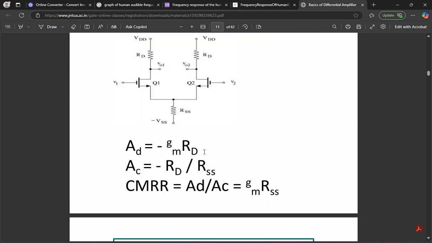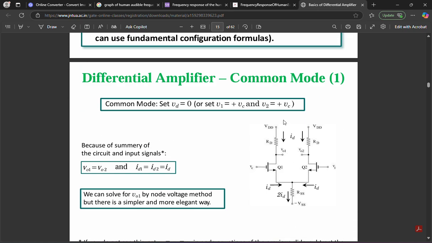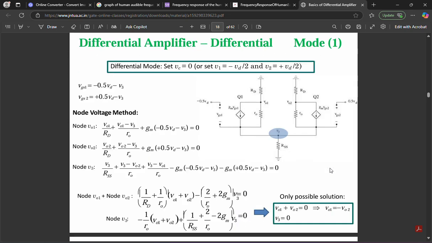Moving over to the application of the differential amplifier, it has two different modes of operation. One is called common mode, the other is called differential mode of operation. In common mode, we consider that the difference in voltage is zero, or in other words, the inputs V1 and V2 are the same. The other mode of operation is called differential mode, where V1 and V2, the two signals given to the differential amplifier, are opposite to each other.